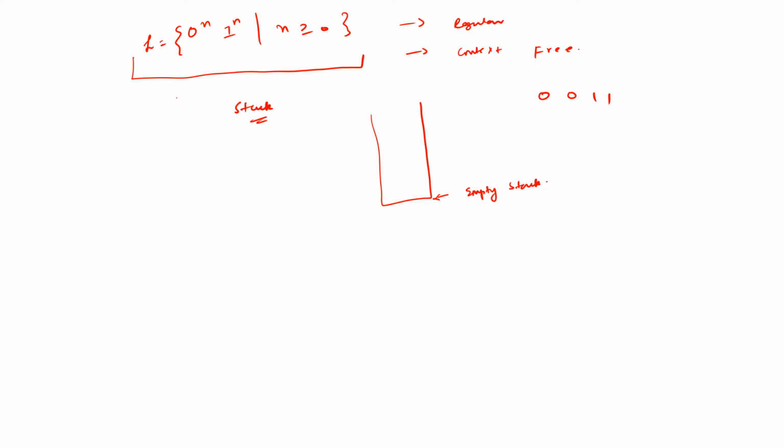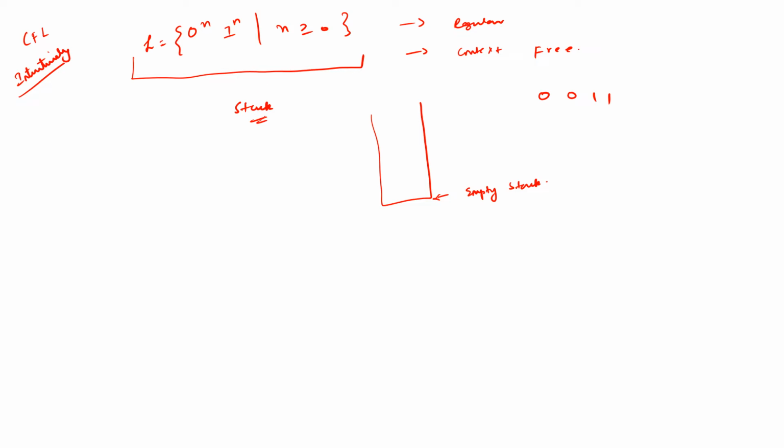Okay, thanks. So this slide is only for you to recap a CFL intuitively. We are not going into the formalisms of context free grammar. So for this language, I'll show you how to accept strings of the language by using a stack.